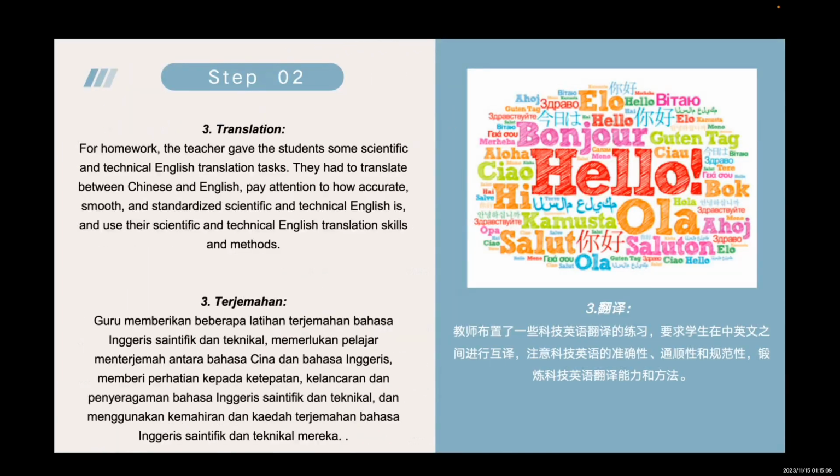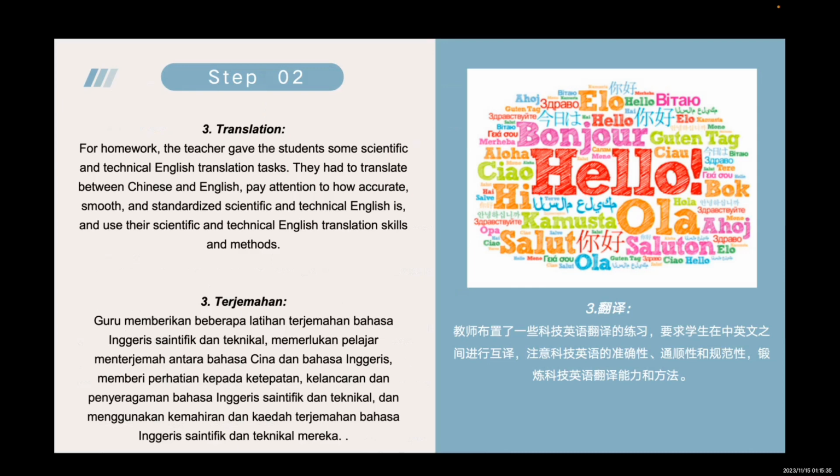And number three is translation. Translation for English learning is very important, and it is very useful for us. When you meet some foreigner, you have to do translation to do research, because our language is Chinese, and in Malaysia they have the Malay language, and other countries have many languages.